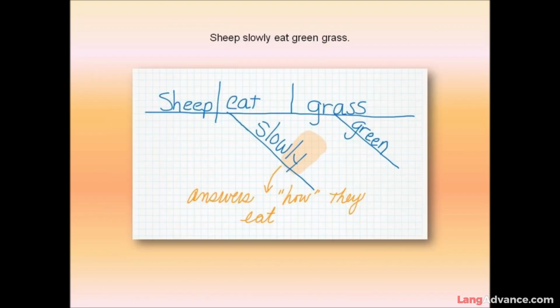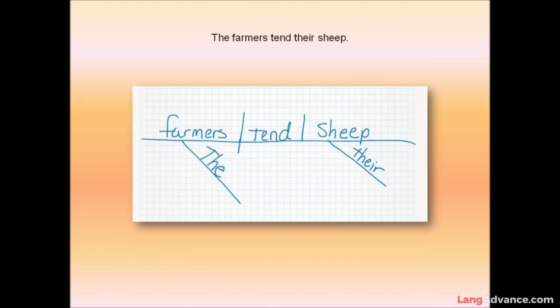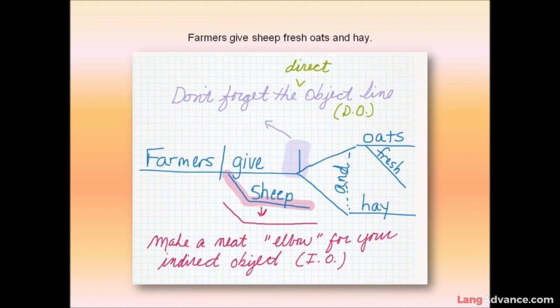Sheep slowly eat green grass. Sheep is the subject, eat is the verb, grass is the direct object, green describes grass, and slowly describes how they eat. The farmers tend their sheep. Farmers is the subject, tend is the verb, sheep is the direct object, their describes sheep, and the describes the farmers.